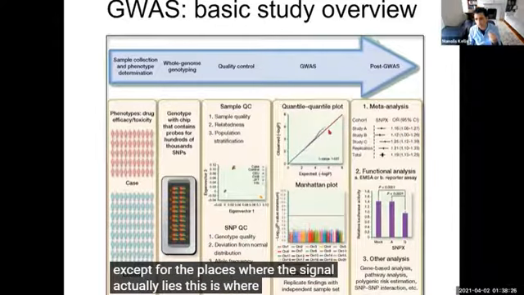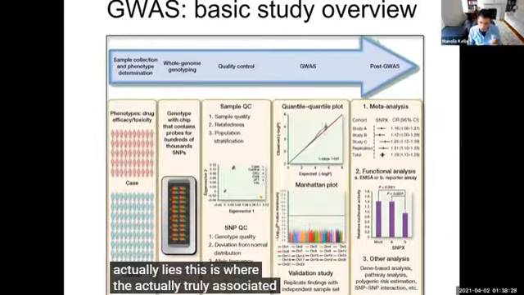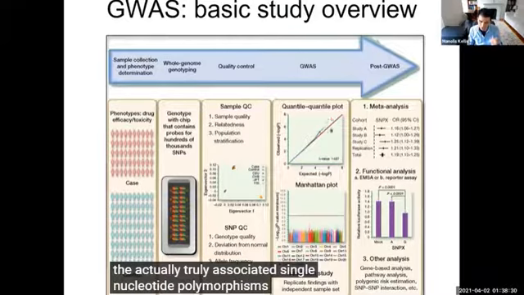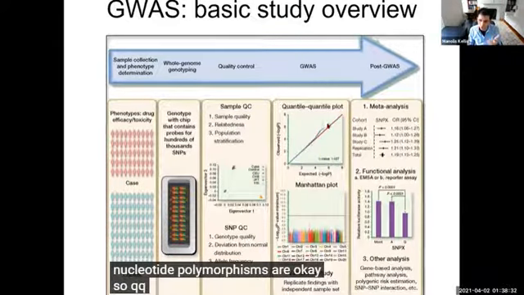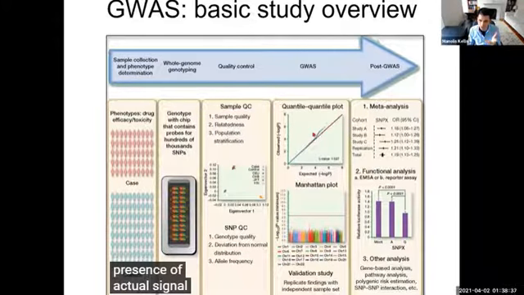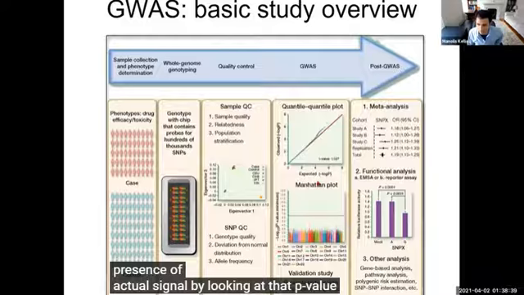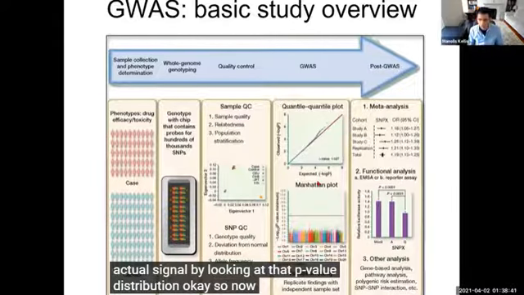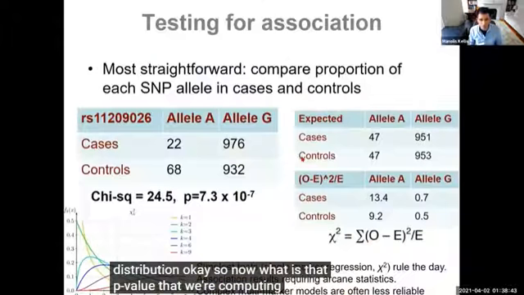This is where the truly associated single nucleotide polymorphisms are. Okay, so a QQ plot allows you to look for the presence of actual signal by looking at that p-value distribution. Okay, so now what is that p-value that we're computing?